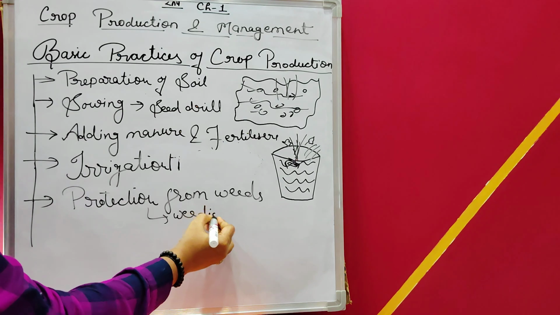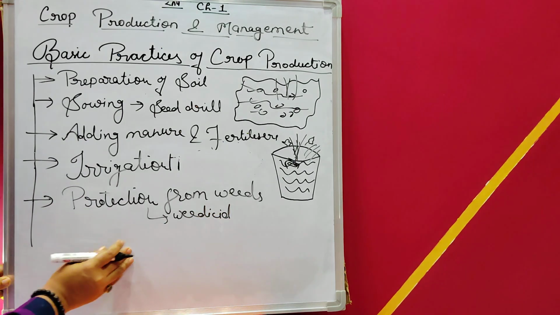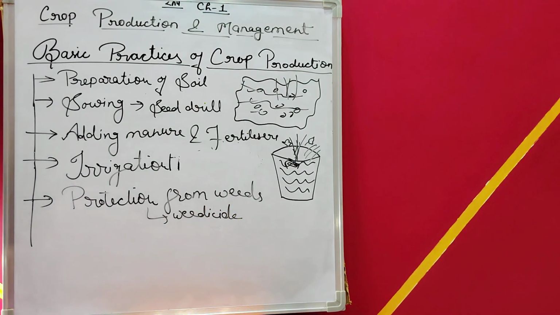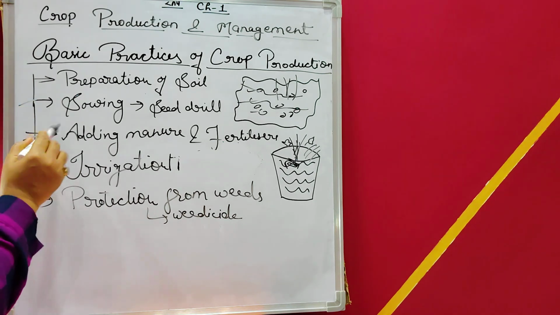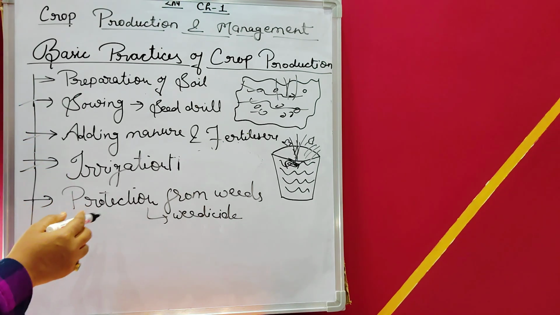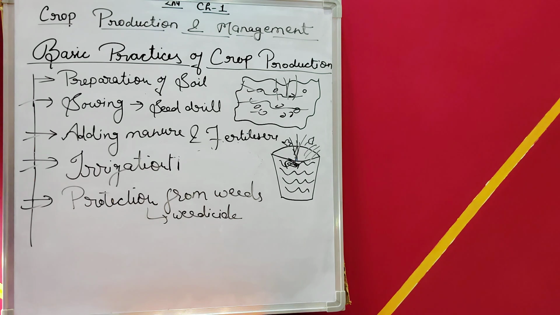Removing of weeds is done with weedicide. How is it possible? The farmer sprays some chemical before the flowering and seed formation, so that in this manner they can remove the weeds. So we have seen the preparation of soil, sowing, adding manure, irrigation, and removing the weeds.